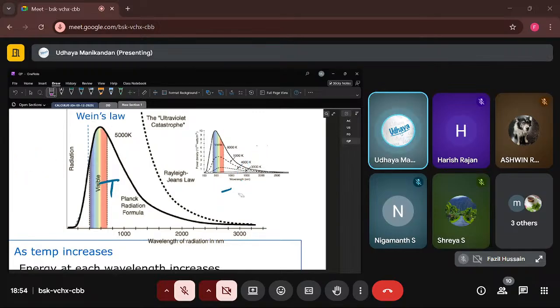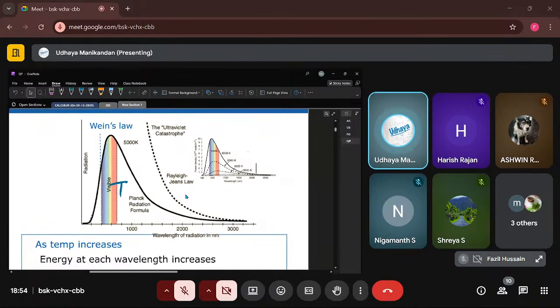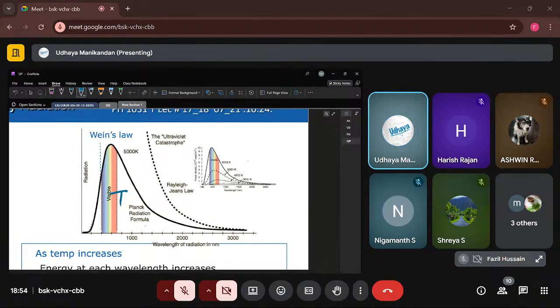According to the classical UV catastrophe principle, Rayleigh's law, if you observe, here they have taken this with respect to wavelength. If this graph has to be with respect to frequency, it will be like this, because wavelength is inversely related. Basically, it was assuming an infinite level of radiation.